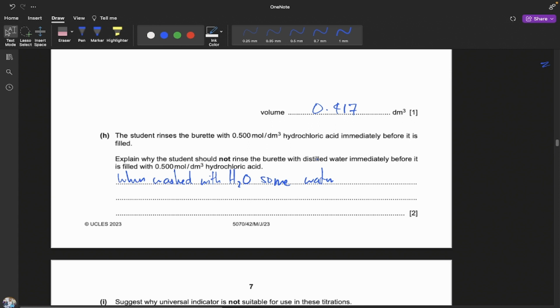And when hydrochloric acid is added after that, the water might change the concentration of the hydrochloric acid, resulting in incorrect titration results.